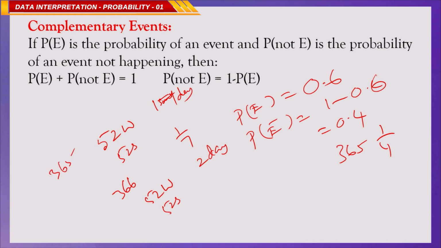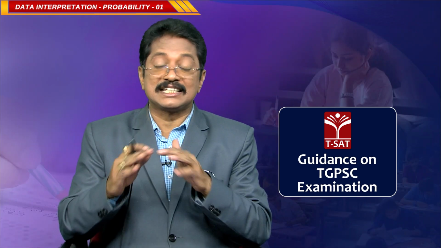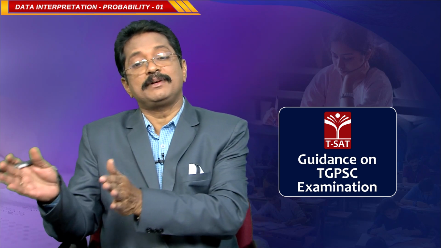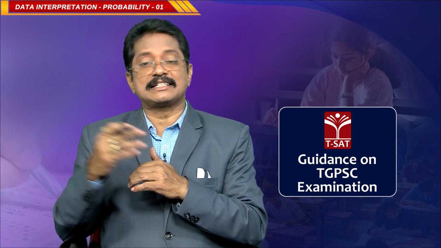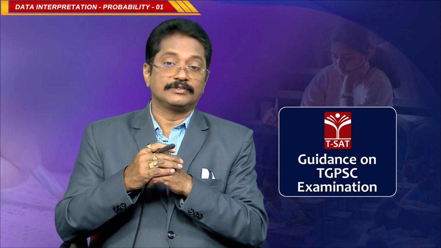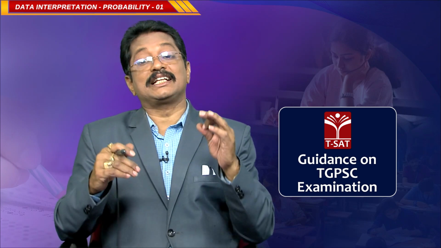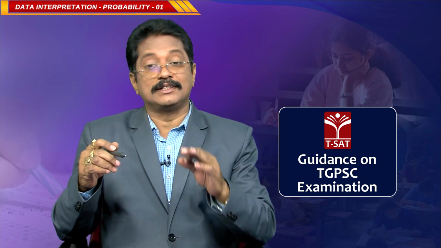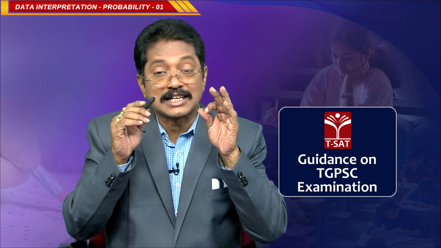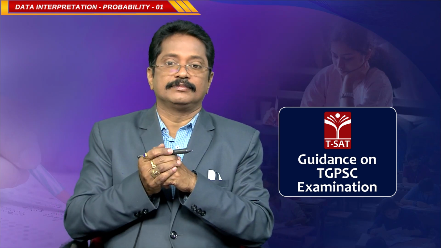This 1 by 4 accumulates after 4 years to 1 day, so 365 plus 1, 366 days. That is the reason a leap year has 366 days, and the extra day is the 29th February.